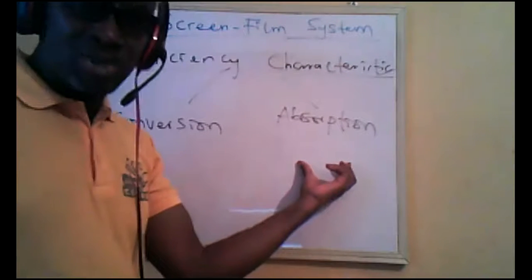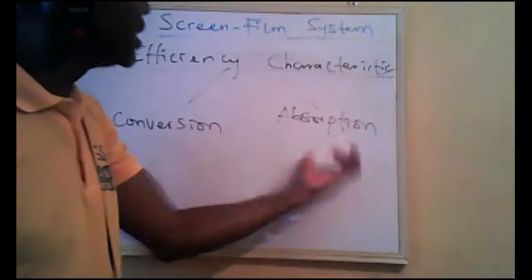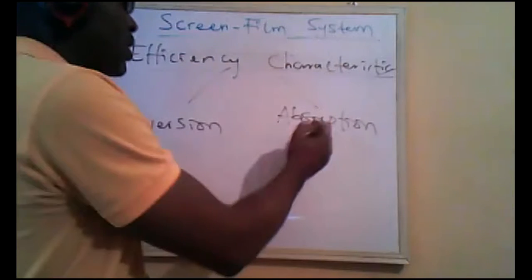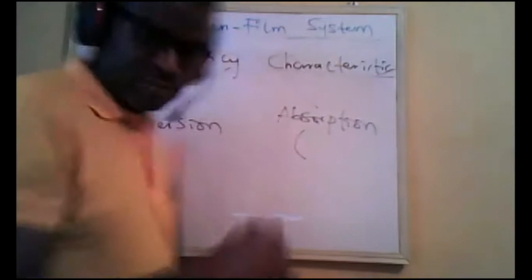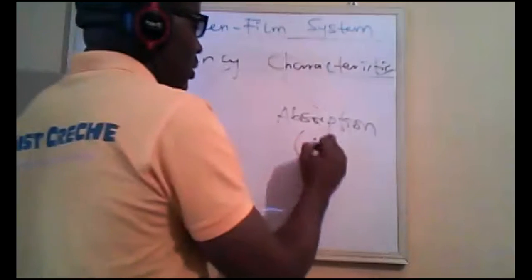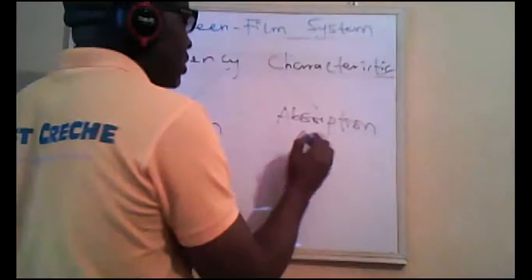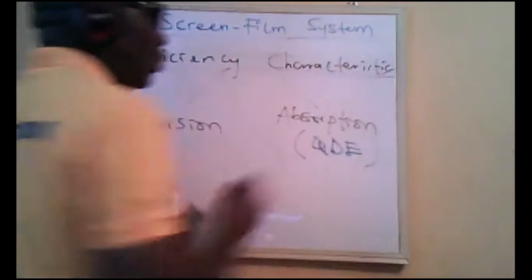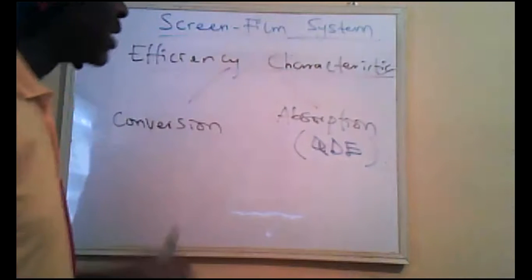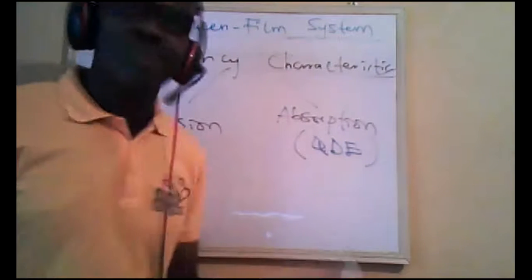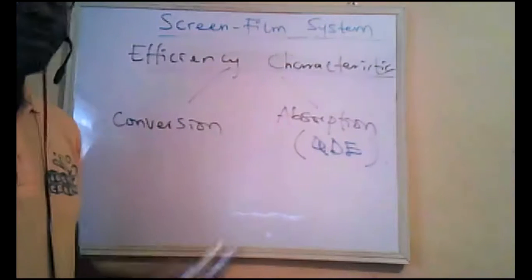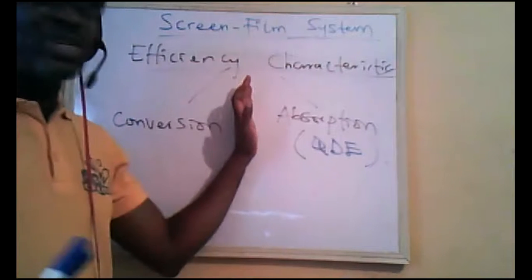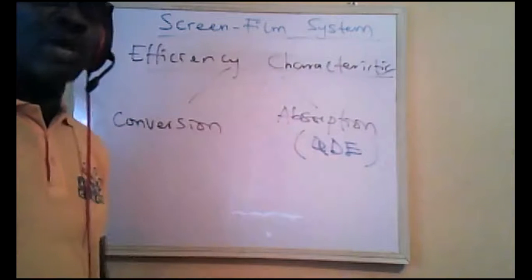And this is at times referred to as quantum detection efficiency, QDE. It is the amount of X-ray photons that the screen is able to absorb.